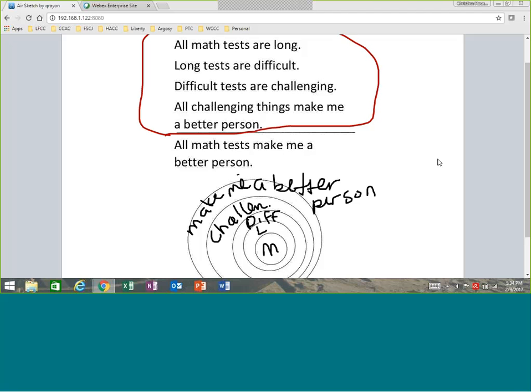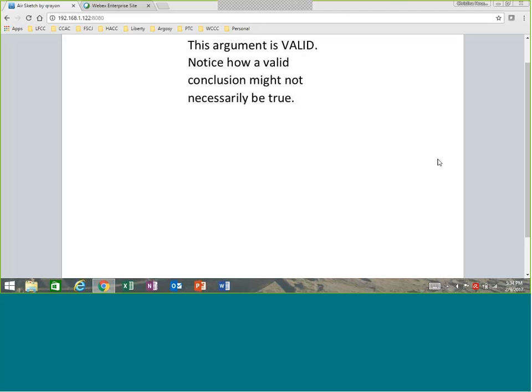What matters is that this conclusion does follow logically from the statements above it. Okay? So we're looking at this whole thing as a logical flow: is the conclusion logically supported by the premise statements? So in this case, the argument's valid, and again, valid may or may not be true. The conclusion may or may not be true, but that is not what we are testing here. We're testing for the structure of the argument.